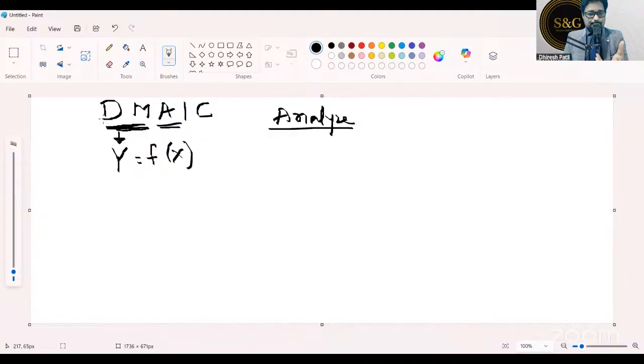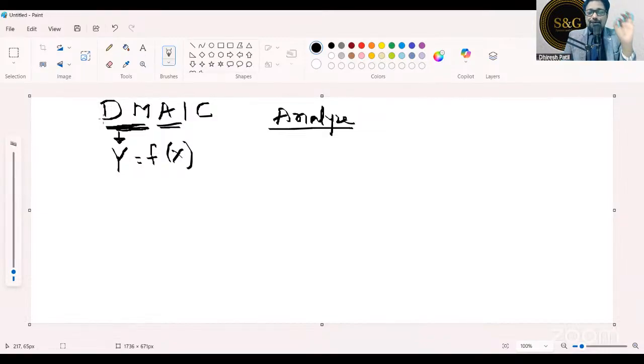In the measure phase, we collect the data about attrition: department-wise attrition, monthly attrition, manager-wise attrition, but it will all be around attrition only. Are you understanding?